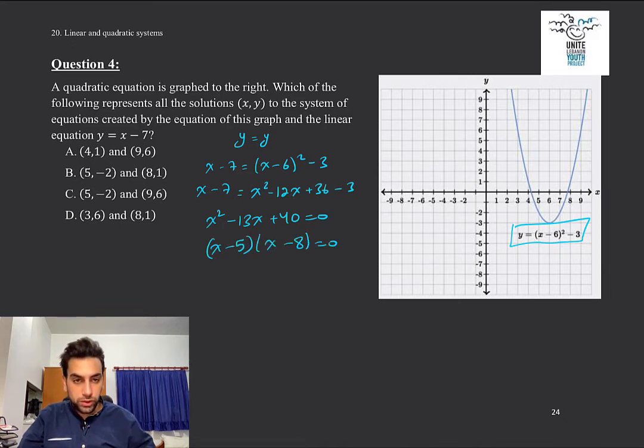So my solutions would have the combined, or paired, solutions as (5, some value a) and (8, some value b). My only solution for this exercise would be choice B.